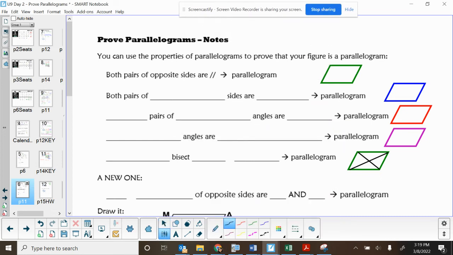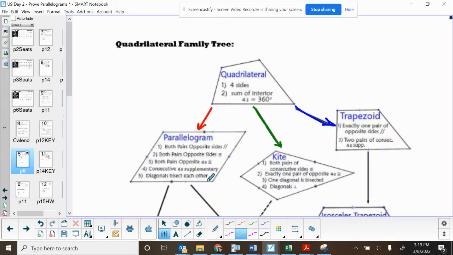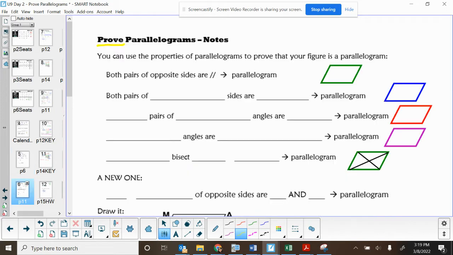Okay, this target is about proving parallelograms, which means we're going to use the properties that we already learned about parallelograms, and we're going to use them to prove that we have parallelograms.